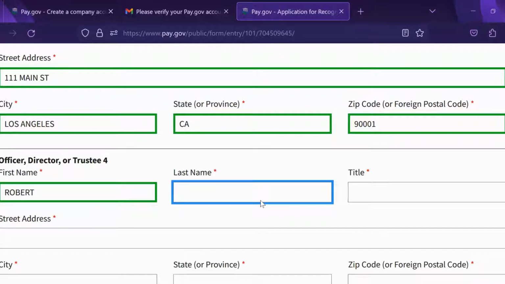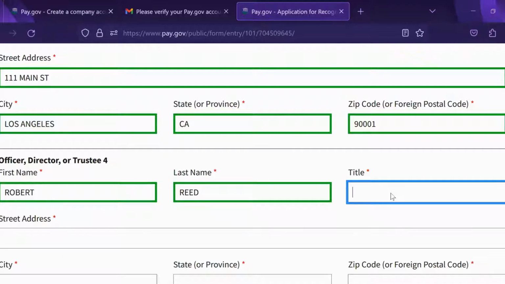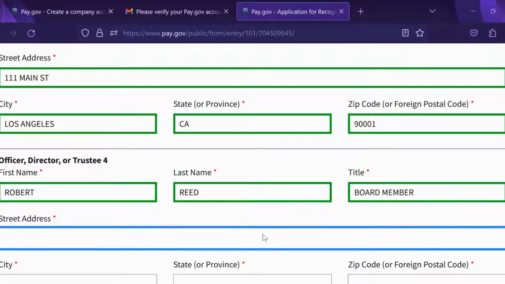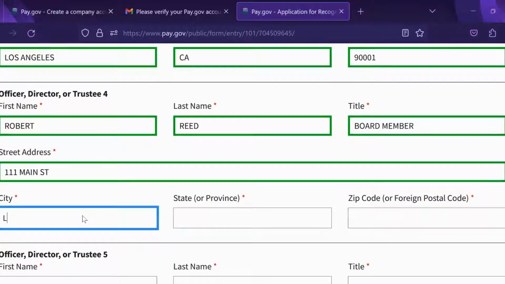What is his name? Robert. And his title. It's a board member. The address. City.